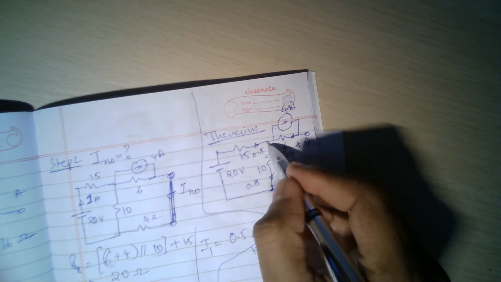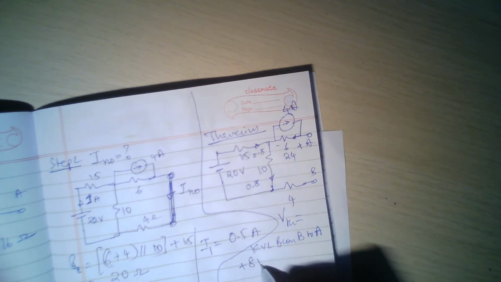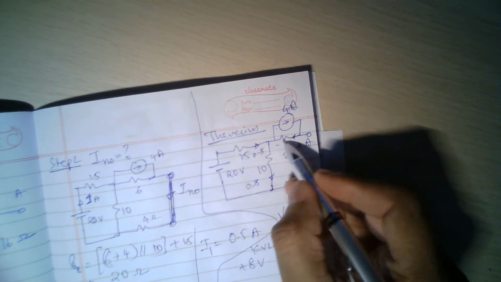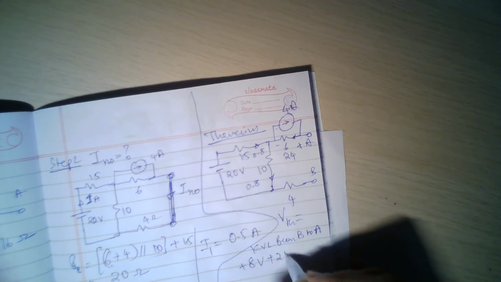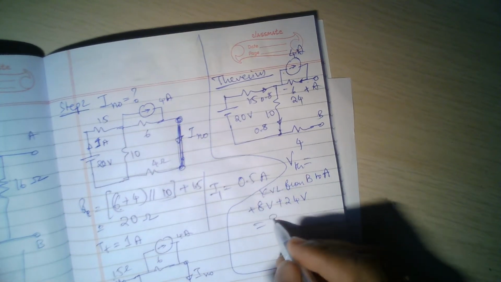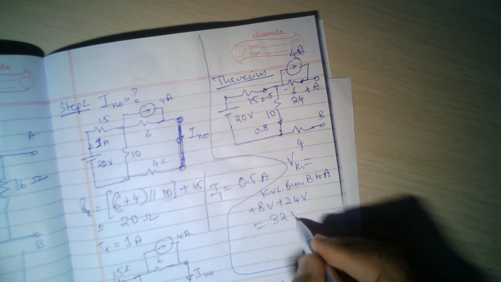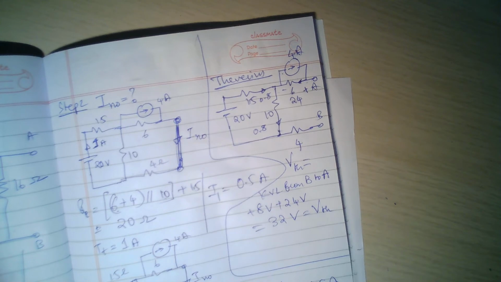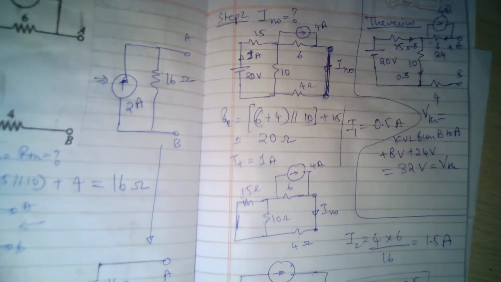So from here to here I gain 8 volts. So plus 8 volts. Again from here to here, again you see minus and plus. Again I am going against the current. So plus 24 volts. So what is 8 plus 24? 8 plus 24 is nothing but 32 volts. Okay, so this is nothing but your VTH, Thevenin's voltage, which is exactly what we also calculated.